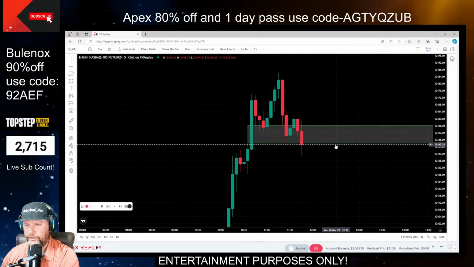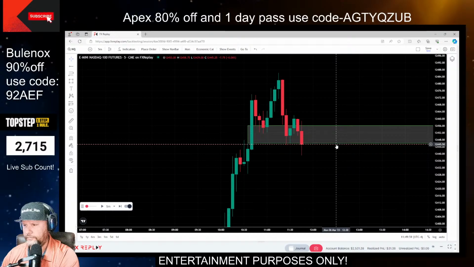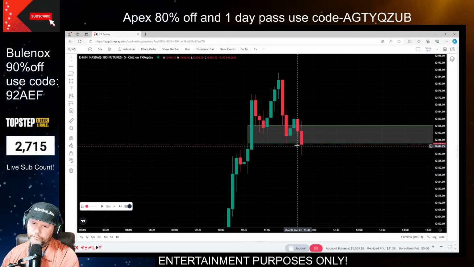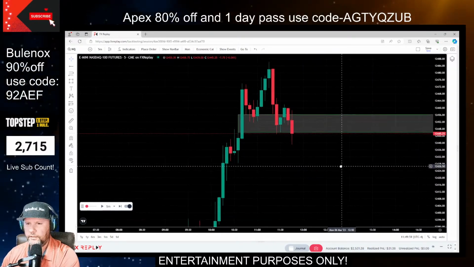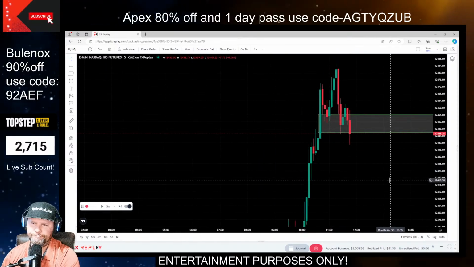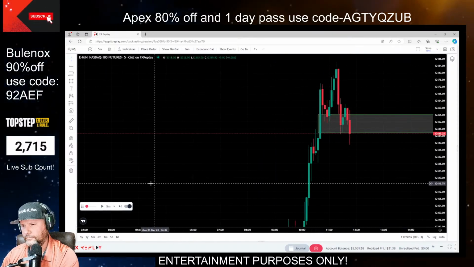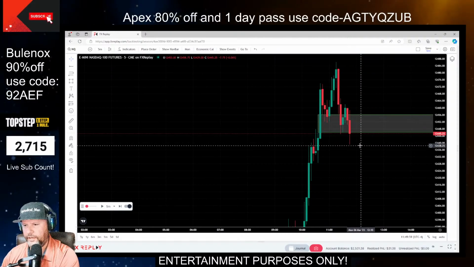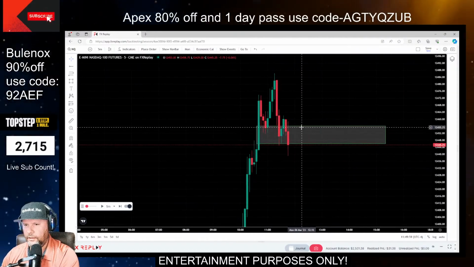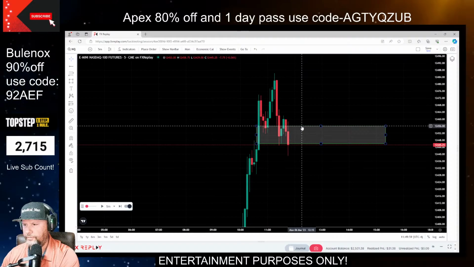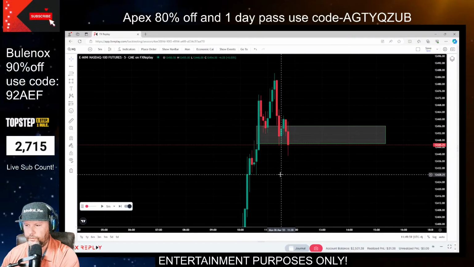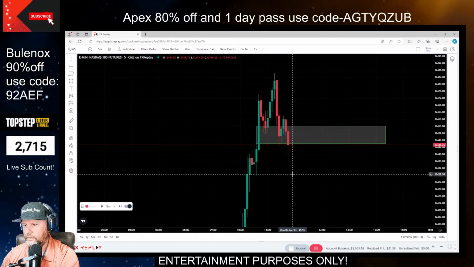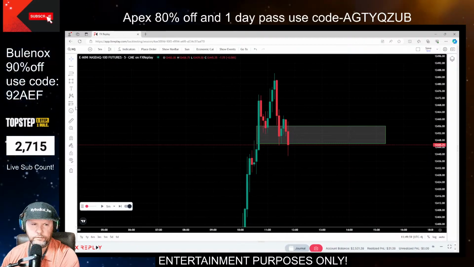So this is kind of a dirty close here. I mean, did it close below? Yes. Is it convincing? Not very. So you'd have to kind of make a decision here. I guess the risk to reward here is not too bad. You're only risking about 11 handles for, what, like 18?